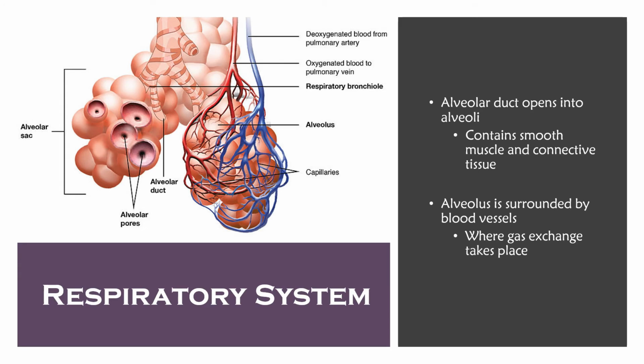Now at the end of these respiratory bronchioles are alveolar ducts and the alveolar sac and the alveoli. And so these alveoli contain smooth muscle and connective tissue, and they're surrounded by blood vessels. And it is at these blood vessels surrounding these alveoli that gas exchange takes place.